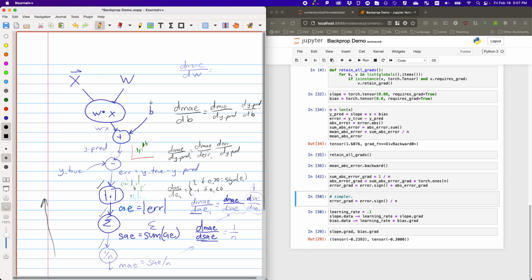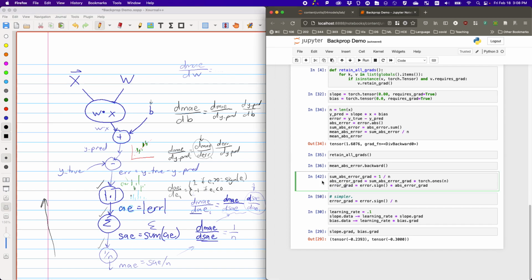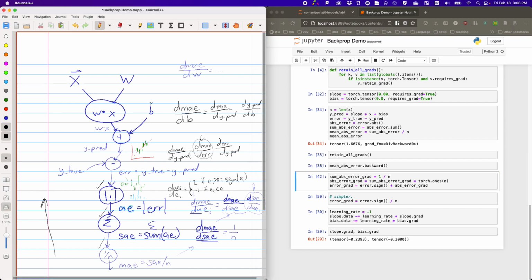So again, since we were backpropagating, this part here came from, well, we just computed that. That's error grad. So now all we need is this part here, the error dy pred. That is given by, well, here's our equation that relates error and y pred. Well, if we change our prediction up, then the error goes down for that one.